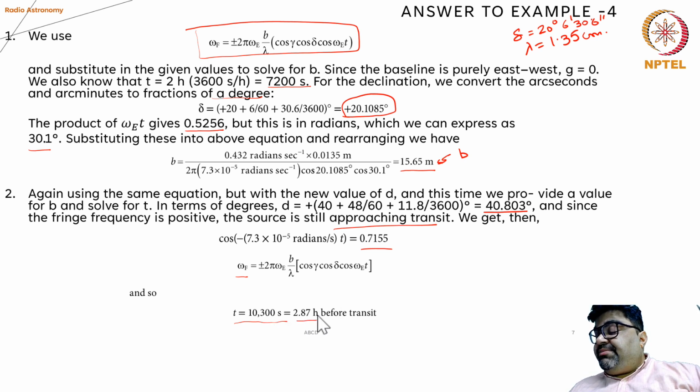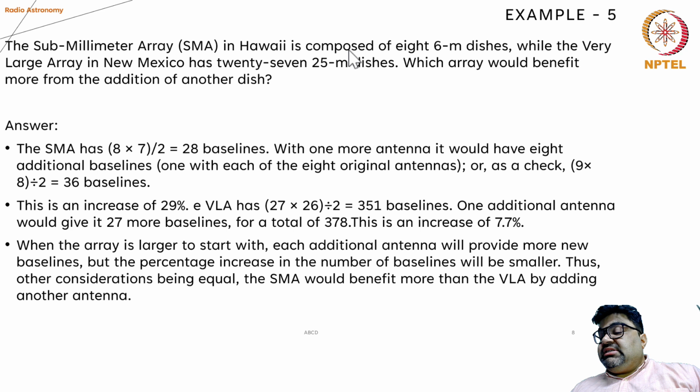So since it is approaching the transit, it is still 2.87 hours before the transit. So transit will happen 2.87 hours after now. So basically, the fringe frequency is related to the baseline, lambda, and the delta of the source, so we have just substituted, and we have got this particular problem solved.